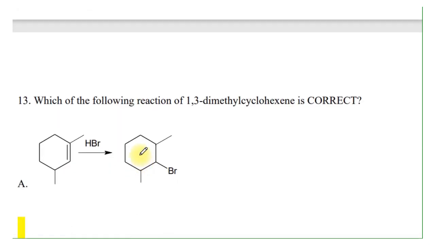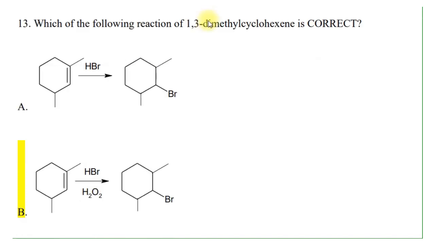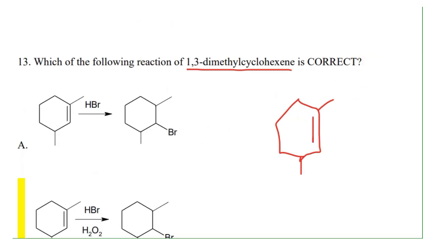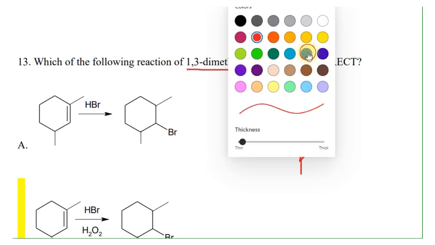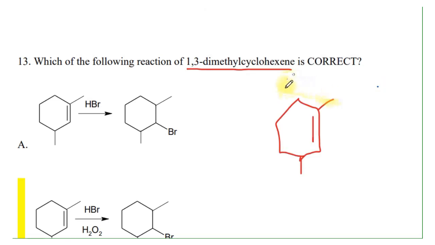Question 13. Which of the following reactions of 1,3-dimethylcyclohexene is correct? First of all, you must know how to draw the 1,3. So this is C1, this is C2. At C1 there is a methyl group, and at C3 there is a methyl group. For sure this is related to electrophilic addition. For electrophilic addition, we always have to remember Markovnikov's rule.